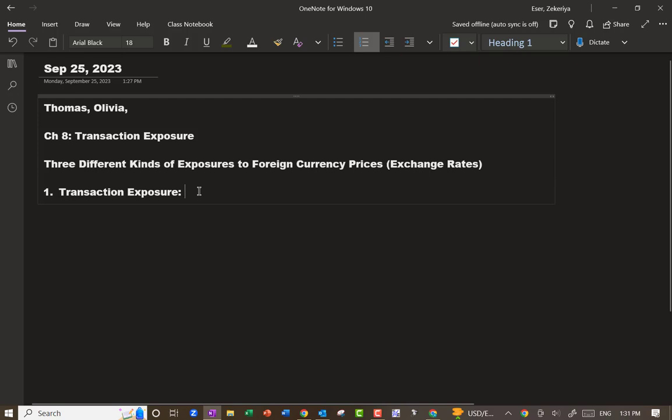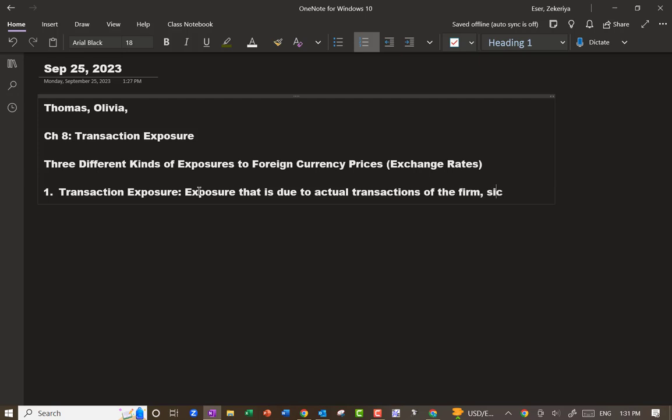This is, as the name suggests, exposure that is due to actual transactions of the firm, such as imports, exports, loans or investments in foreign currencies.